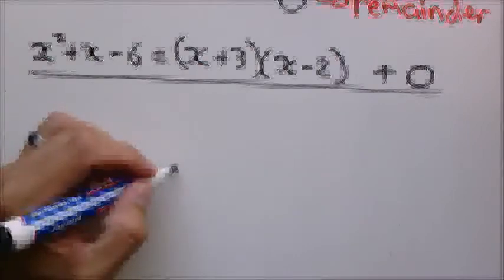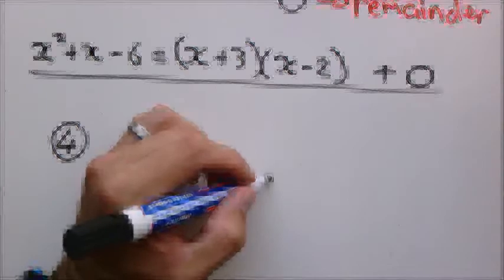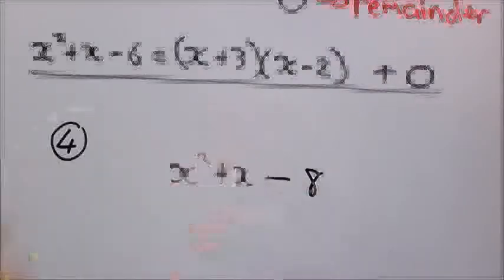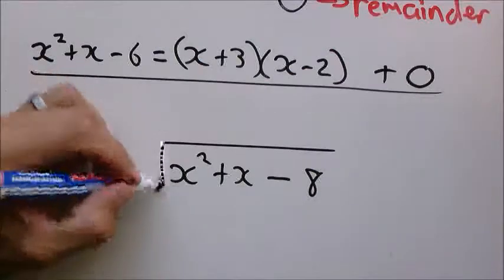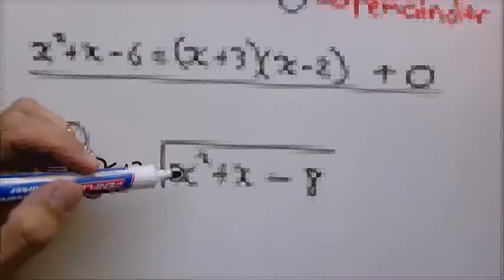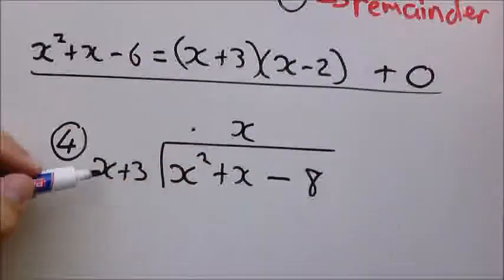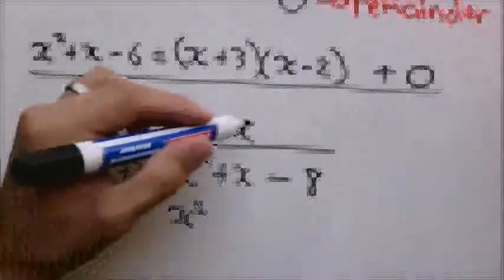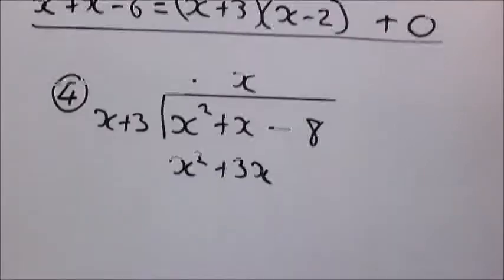Let's say x squared plus x minus 8. And I ask you to divide it by x plus 3. x squared divided by x is x. x times x is x squared. x times plus 3 is plus 3x. You see it's exactly the same as the previous one.